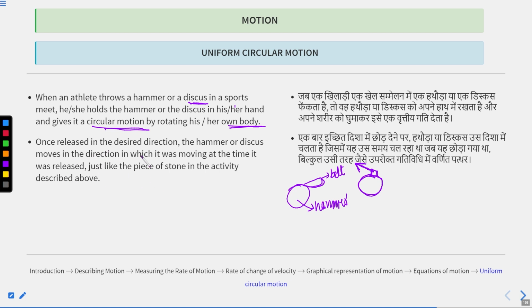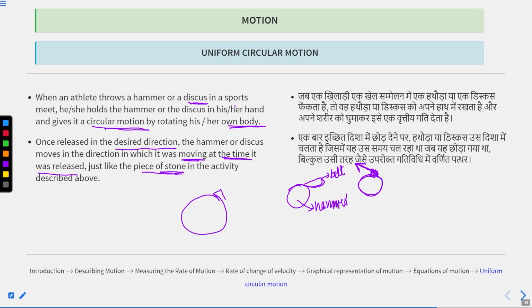Once you release it in the desired direction, the hammer or discus moves in the direction in which it was moving at the time it was released, just like the piece of stone in the activity described.